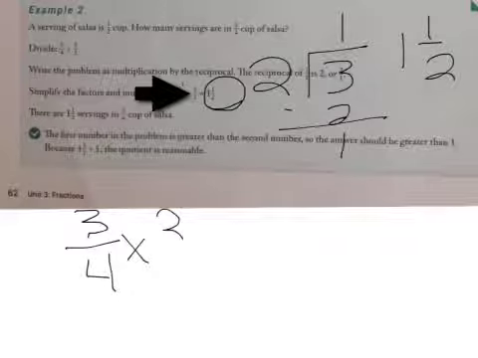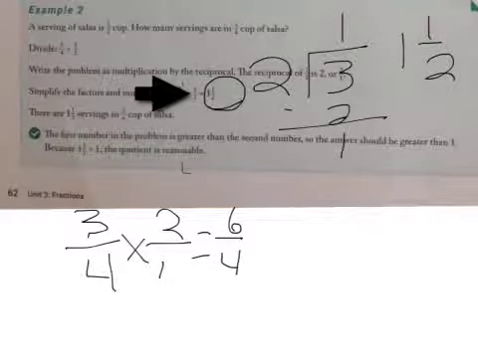Instead of simplifying it first, we can simply work out the problem. So we can say 3/4 times 2 over 1. If we work it out, we know we're going to get 6 over 4.